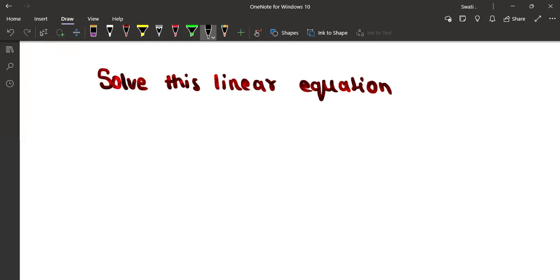If you are comfortable with substitution, use it; if with elimination, use that; and if cross multiplication, then use cross multiplication. That's the freedom that you have.